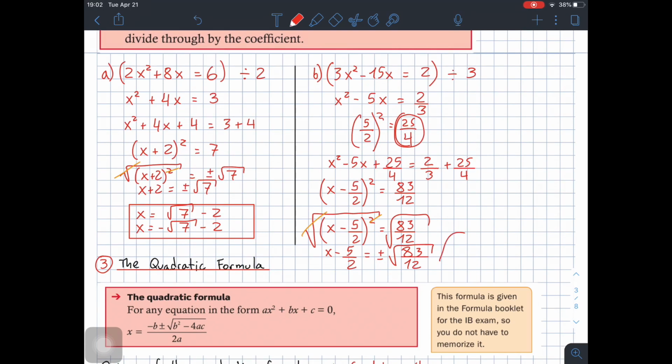So the two possible solutions would be, one solution would be x equals positive root 83 over 12 plus 5/2, and the other possible solution would be x equals negative square root of 83 over 12 plus 5/2. Oh, I forgot to write the x. Those are the two values of x in this case.